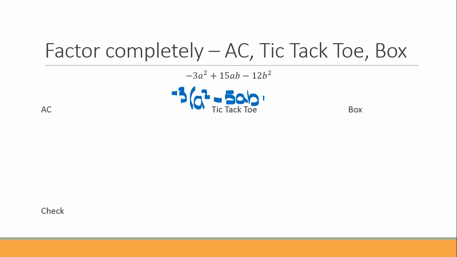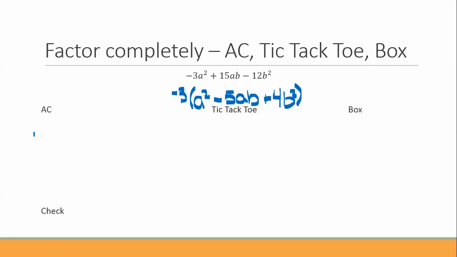And then plus 4b squared. Negative 3 times positive 4 is negative 12. Again, this negative 3 will be part of our final answer, but for right now, all we're going to factor is what's in the parentheses.